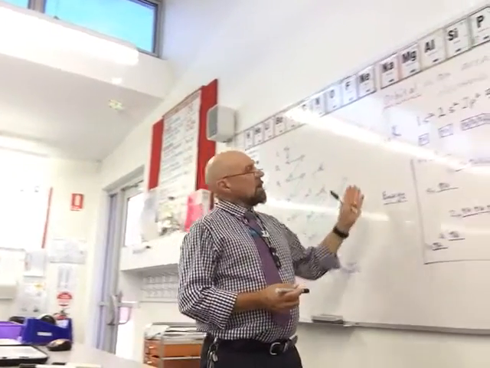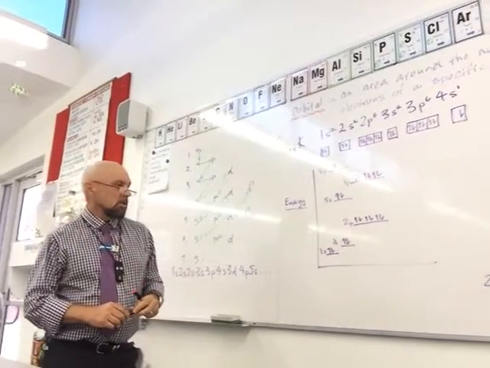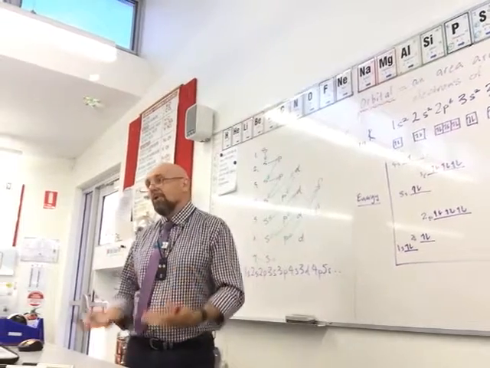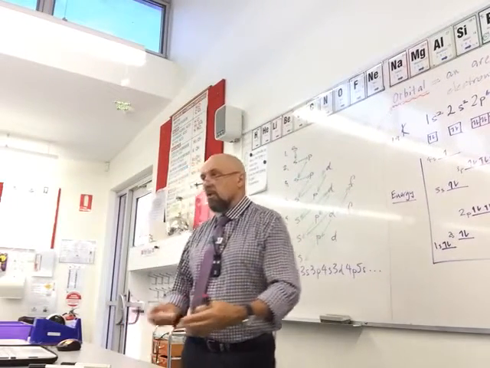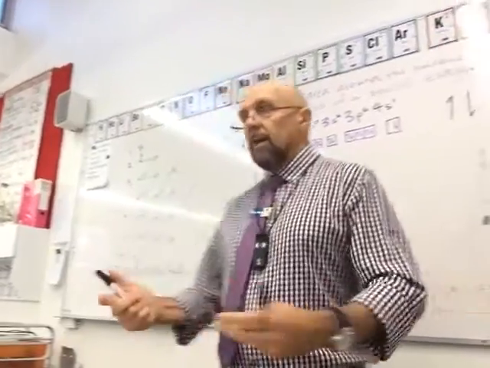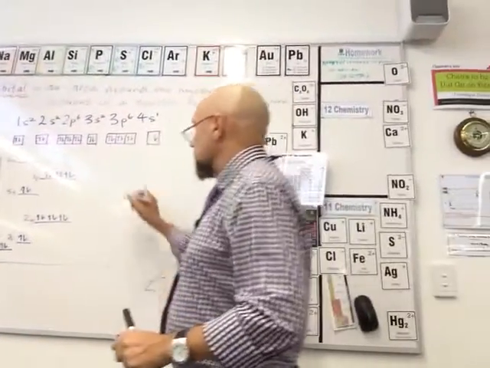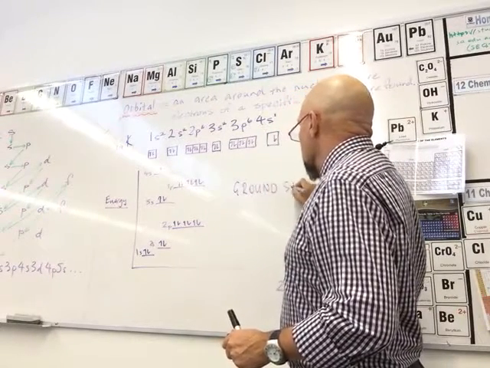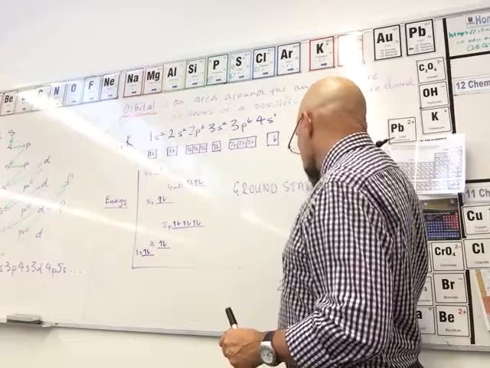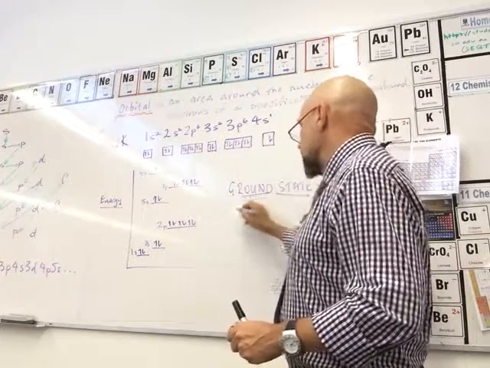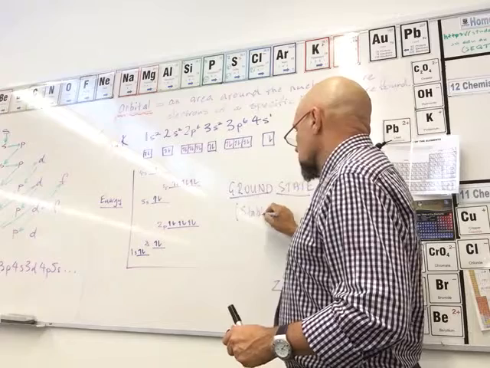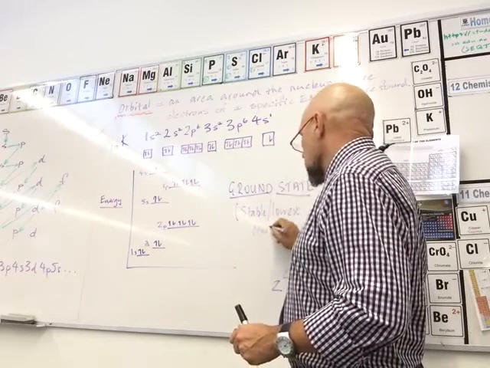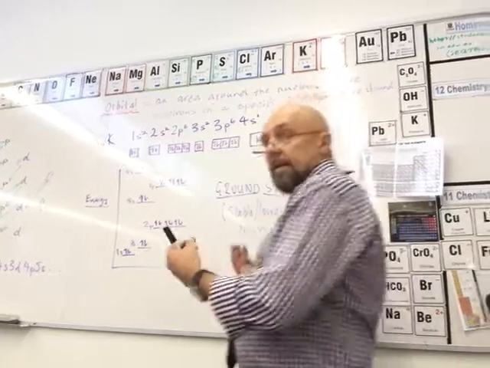Now, the next thing we want to be able to do, we've got the sequence of orbitals. I'm going to introduce you to another word, because we're moving on with our course. It's something that might have been mentioned last year. It's called the ground state. Ground state typically is stable, and it's the lowest energy for potassium.